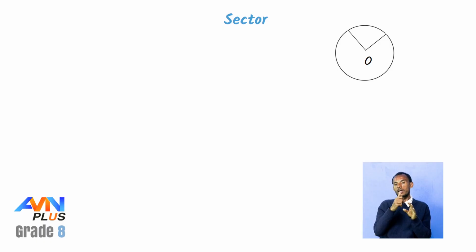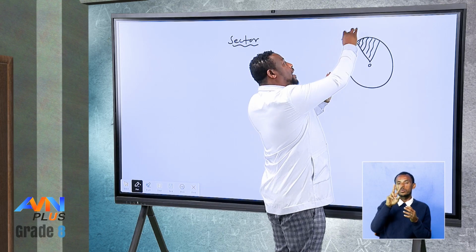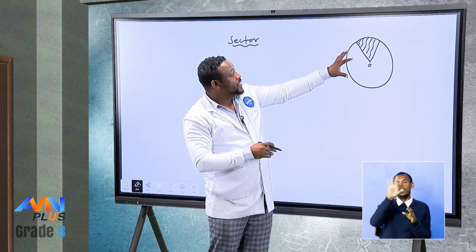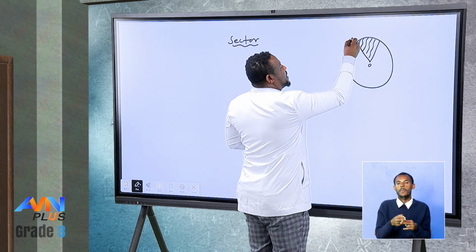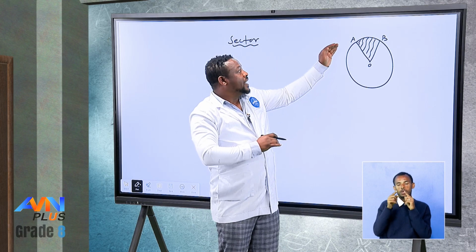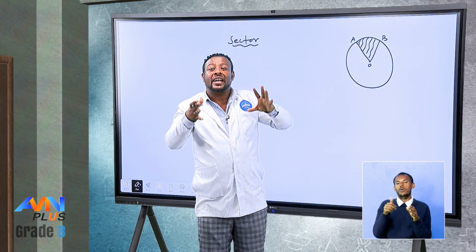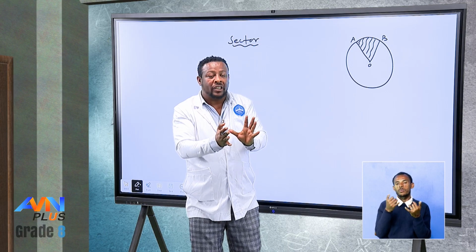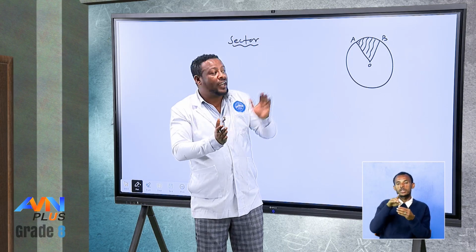So this region is enclosed by two radii and an arc, right? This is AB if you want. We are not talking about the arc. We are now talking about the region enclosed by two radii and an arc.